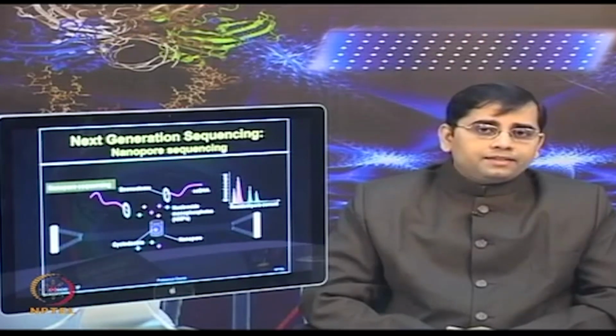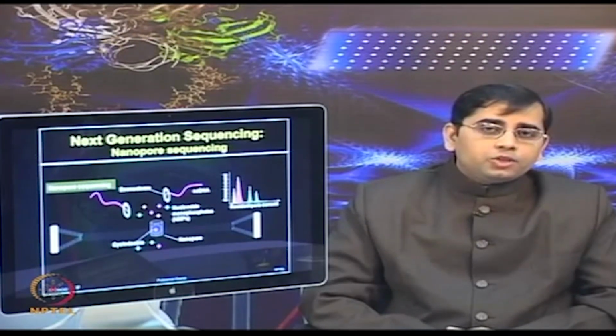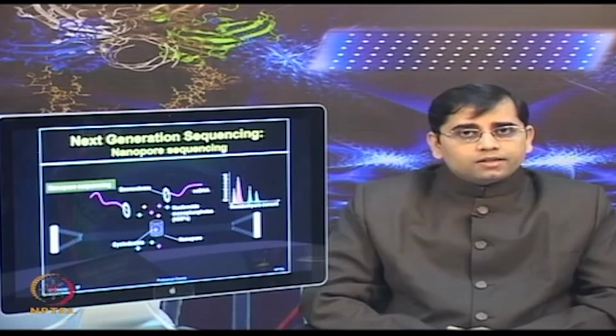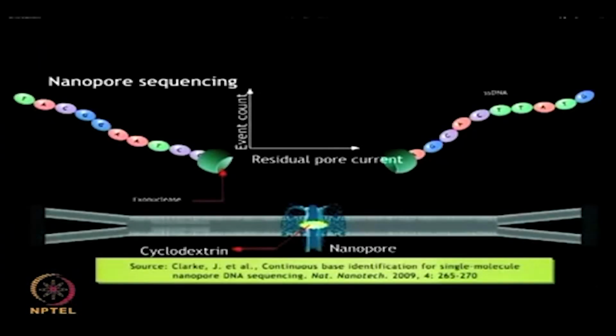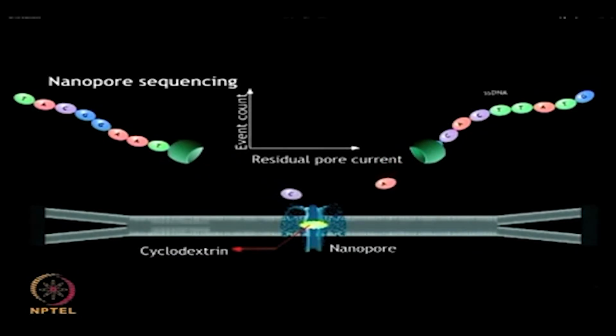The individual base detection is achieved through the measurement of conductivity either across or through a membrane via a nanoscale pore. This innovative method offers a label-free approach for DNA sequencing.